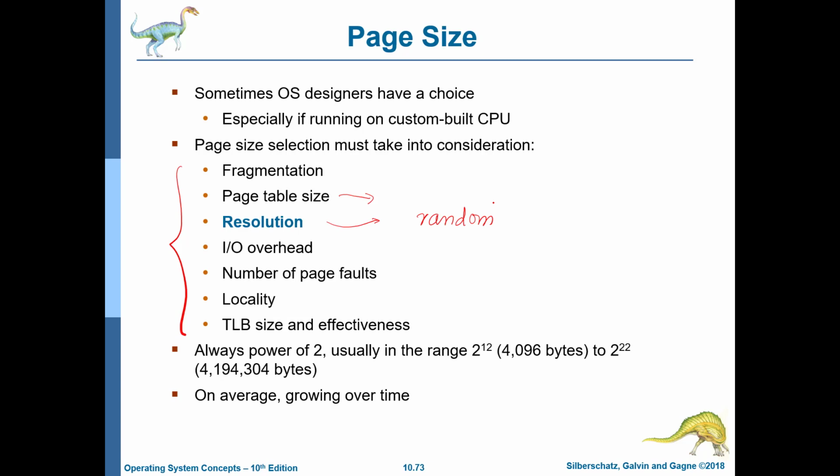This will reduce the amount of useless data we fetch from the lower level. As opposed to that, if the access pattern is sequential, then of course we can just sequentially walk through the page table, and this will give us high performance. IO overhead is important, because we don't want to have too many page faults.